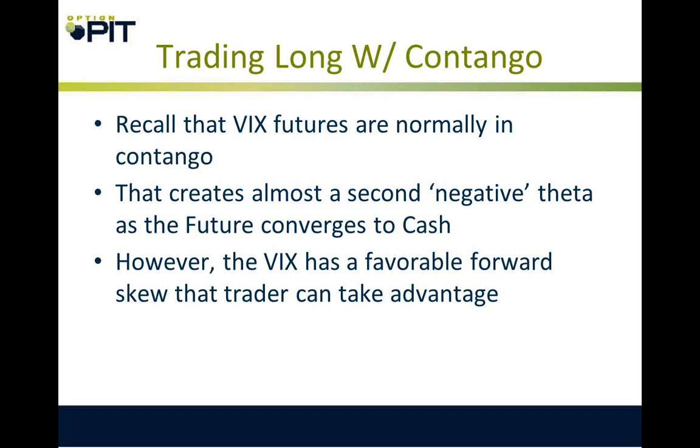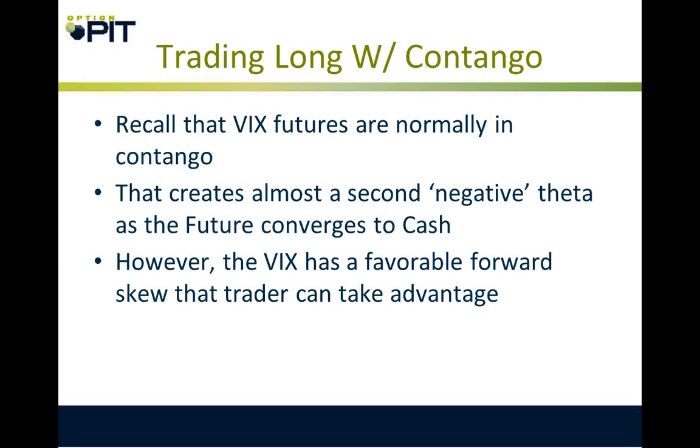All right, so trading long with Contango. Recall that VIX futures are normally in Contango. That creates almost a second negative theta as futures converge to cash. People talk about the ETNs and how bad they are, and it is entirely caused by Contango.